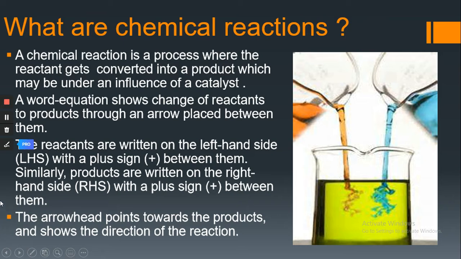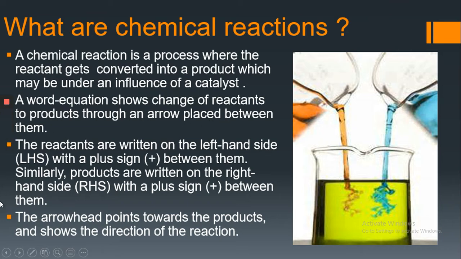Now, how can we show a chemical reaction? We can write the chemical reaction by using a word equation. A word equation shows the change of reactants to products through an arrow placed between them.